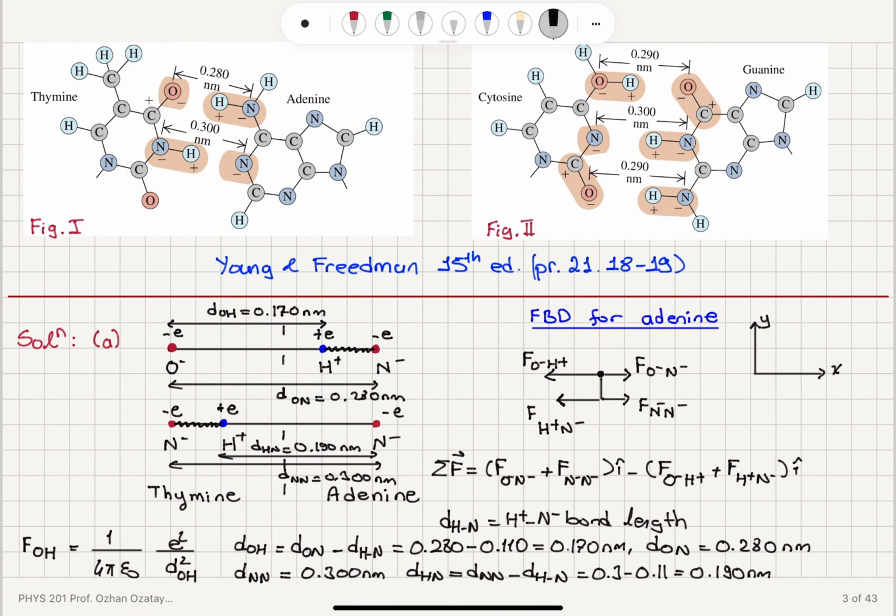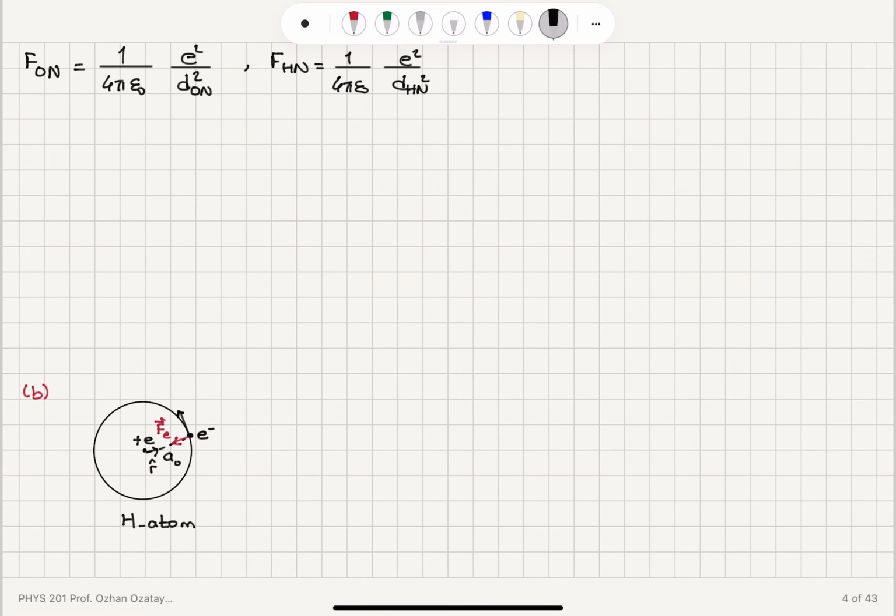This is not the bond length, but the distance between H plus and N minus I'm talking about, which was 0.19 nanometers. And then the nitrogen-nitrogen interaction gives me a repulsive force, F_NN, that is equal to 1 over 4 pi epsilon 0 e squared divided by D_NN squared.